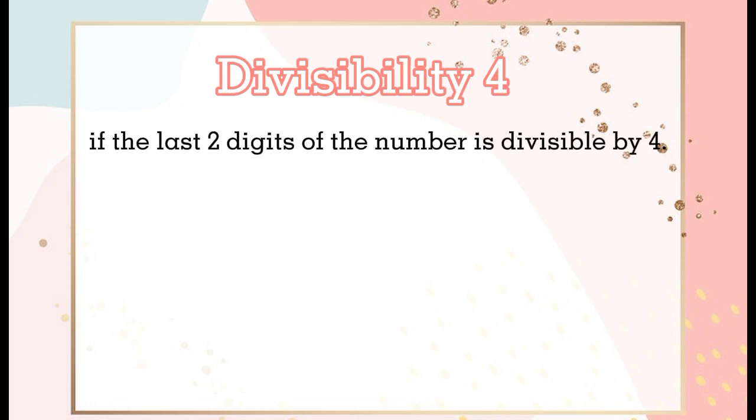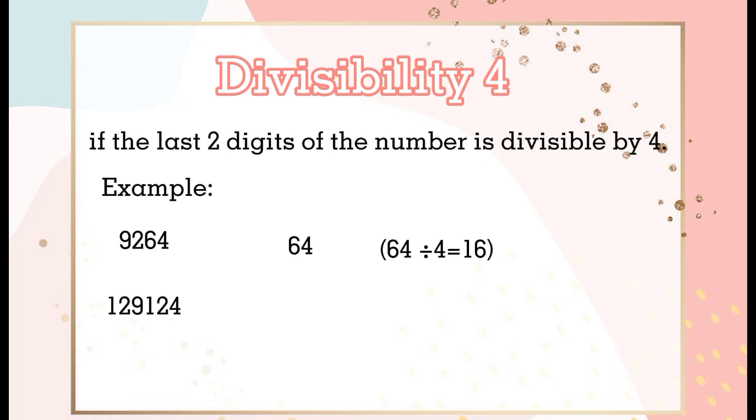Next, divisibility rule for 4. A number is divisible by 4 if the last two digits of the number are divisible by 4. Example, 9,264. The last two digits are 64. It is divisible by 4 because 64 divided by 4 equals 16. Next example is 1,209,124.